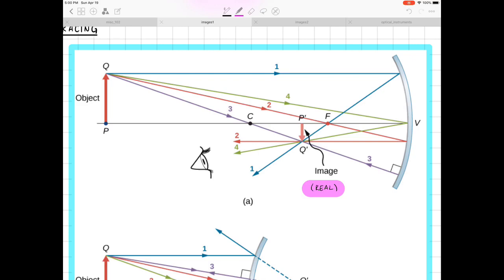And the nice thing is that you really only need 2 rays to figure out where the image forms, but you have 4 options. So the first thing that I want to mention is that this line right here, where the object is drawn from, is known as the optical axis.